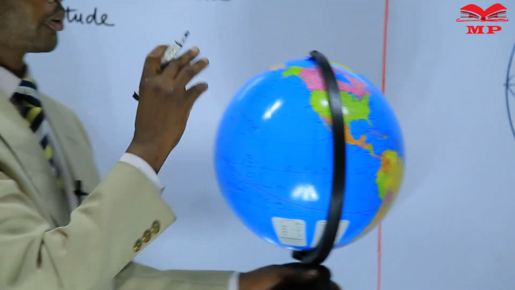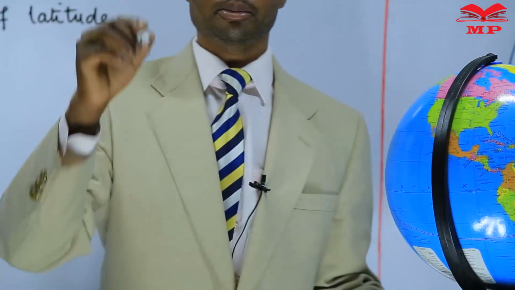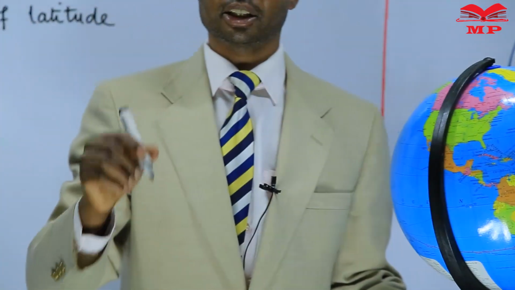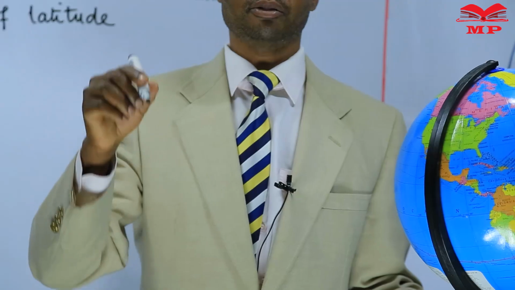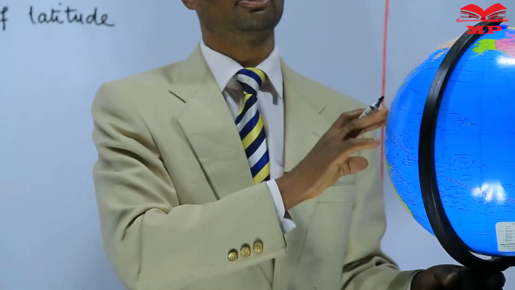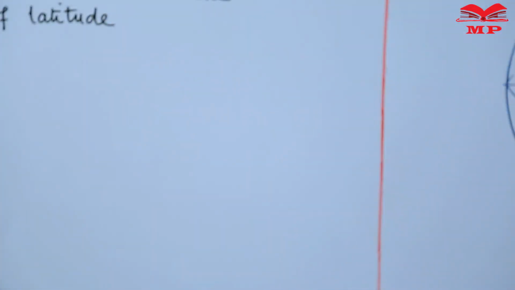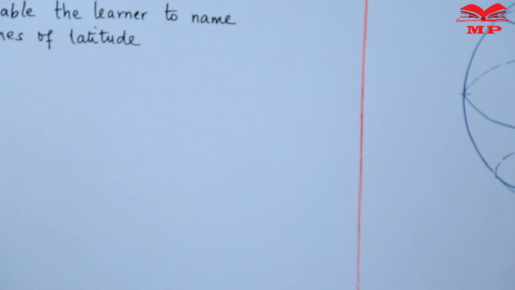So before we talk about the angle, we should know what a latitude is. A latitude is a line parallel to the equator running from west to east on the Earth's globe.